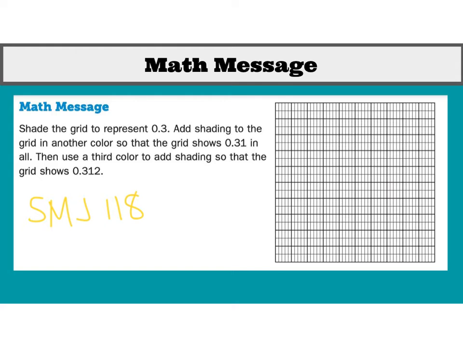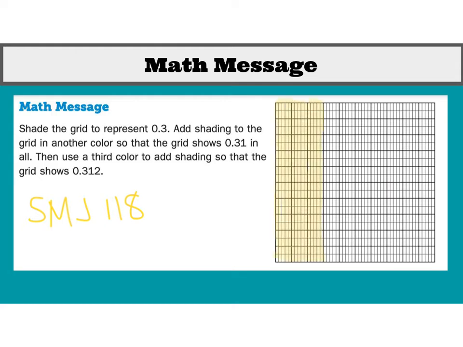Add shading to the grid in another color so that the grid shows 0 and 31/100 in all. Then use a third color to add shading so that the grid shows 0 and 312/1000. So you might want to pause your video, get whatever colors that you're going to use, and shade that grid and come right back.